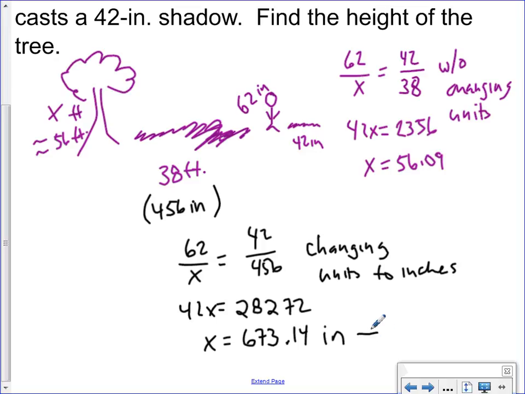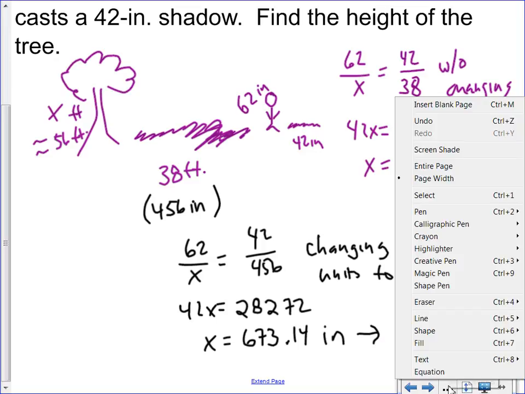Converting that to feet, just divide by 12.